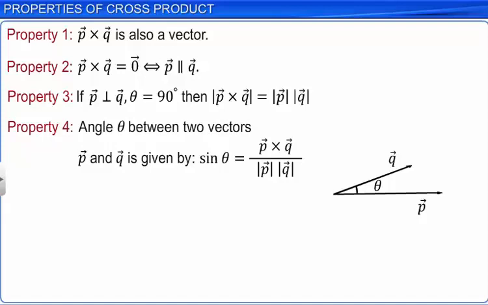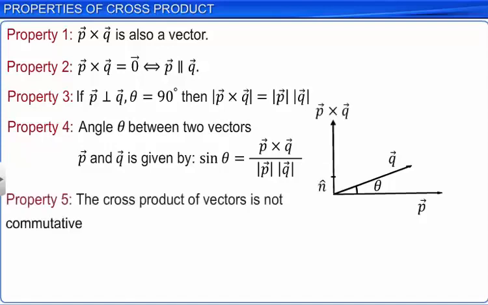You already know that the cross product of vectors P and Q, when P rotates towards Q by angle theta, is given by the formula shown in equation 1. The vector representing the cross product of vectors P and Q is in the direction of unit vector n.